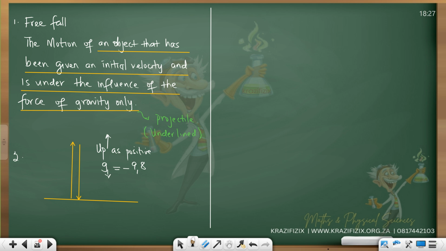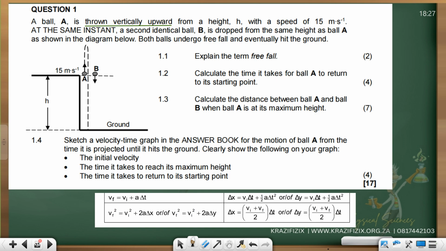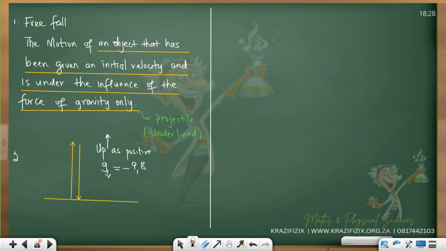What do we know about object A? What were we told? A ball is thrown vertically upward from a height h with a speed of what? 15 meters per second. Great. What do we know? The initial velocity of what? 15 meters per second.